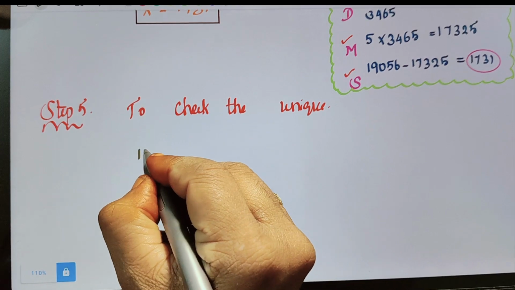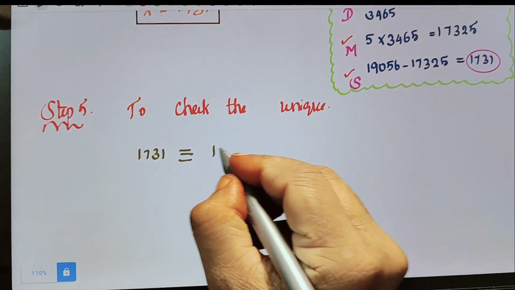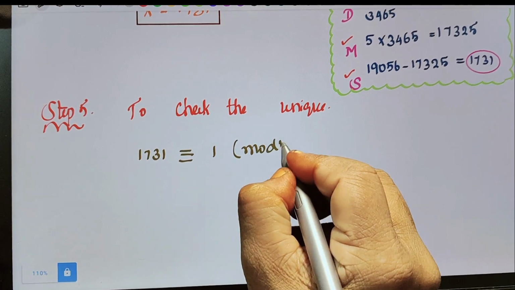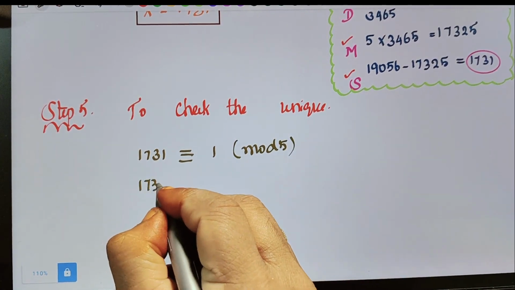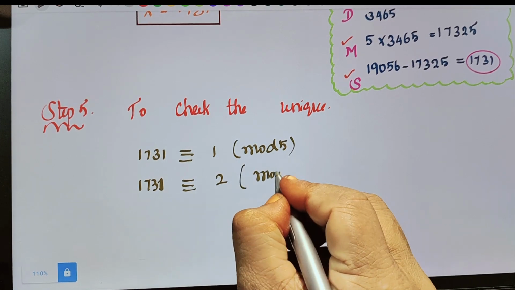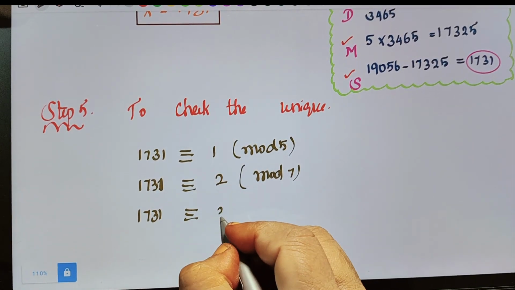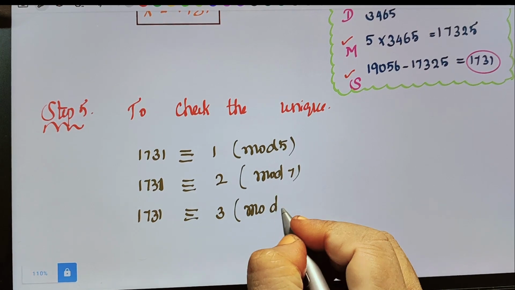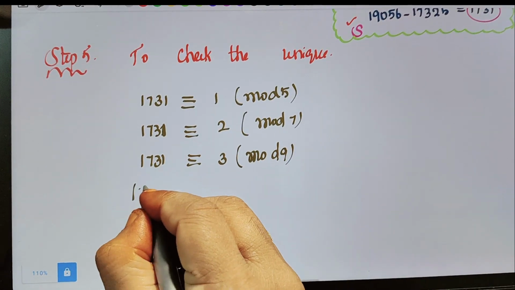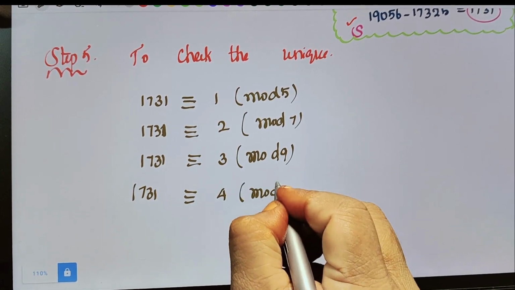So for the checking process, 1731 is congruent to 1 mod 5, and 1731 is congruent to 2 mod 7, right, 1731 is congruent to 3 mod 9 and 1731 is congruent to 4 mod 11.